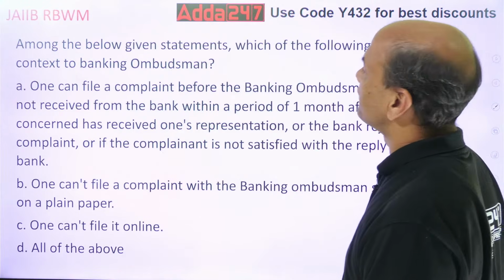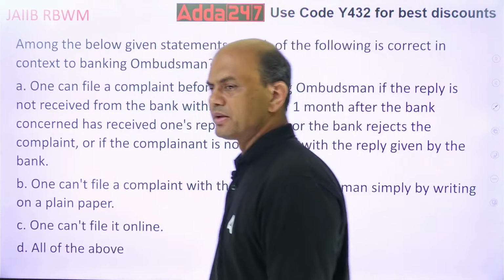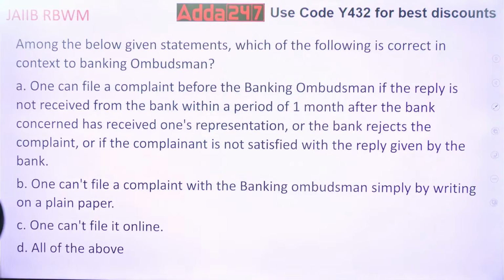Among the below given statements, which of the following is correct in context to banking ombudsman? Generally, anywhere you go, the bigger option is correct. So A will be correct.